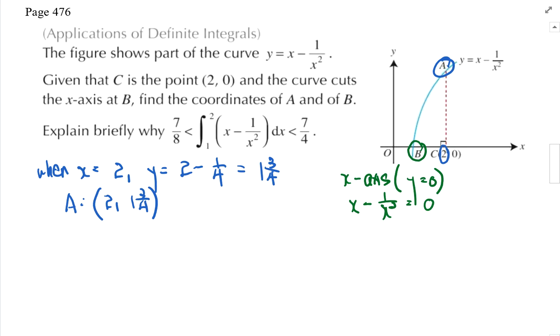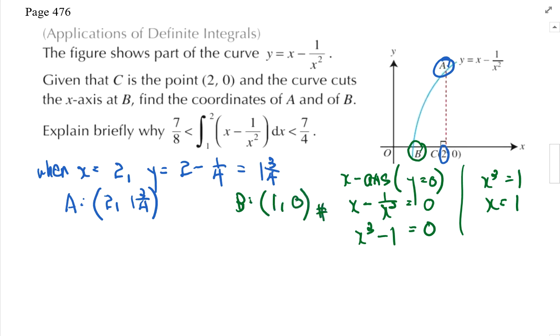If you do some simple manipulation by multiplying throughout by x squared, I get x cubed minus 1 equal to 0. This means that x cubed is equal to 1, so x must be equal to 1. Now I'm able to write out the coordinates of B: x is 1, y is equal to 0.